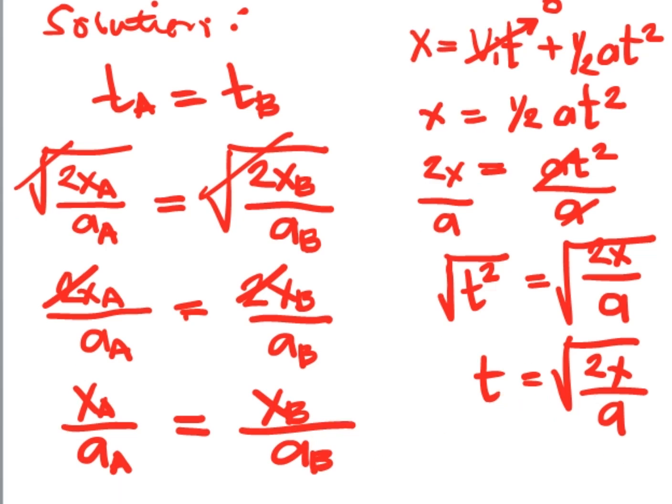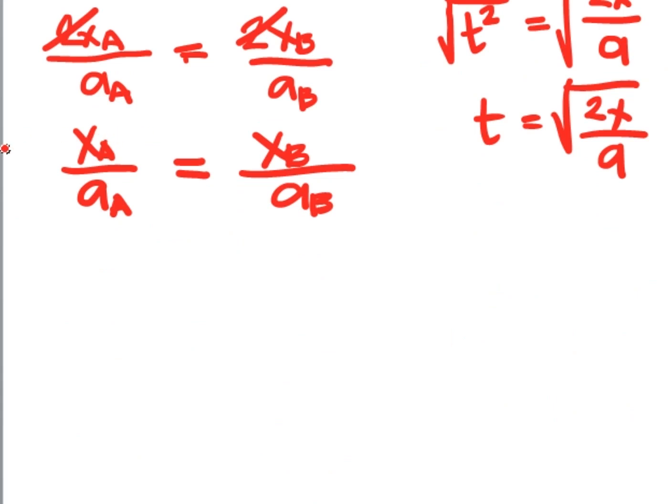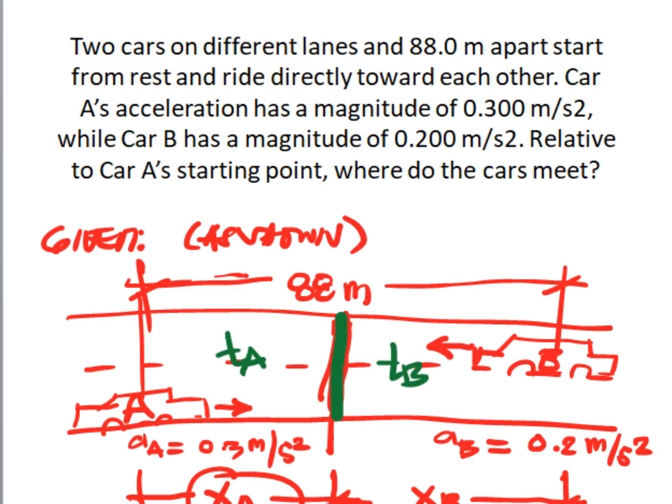But we only need to get x sub A because we are asked to find the distance relative to car A. If we go back to our illustration, the total distance from car A to car B is 88 meters.